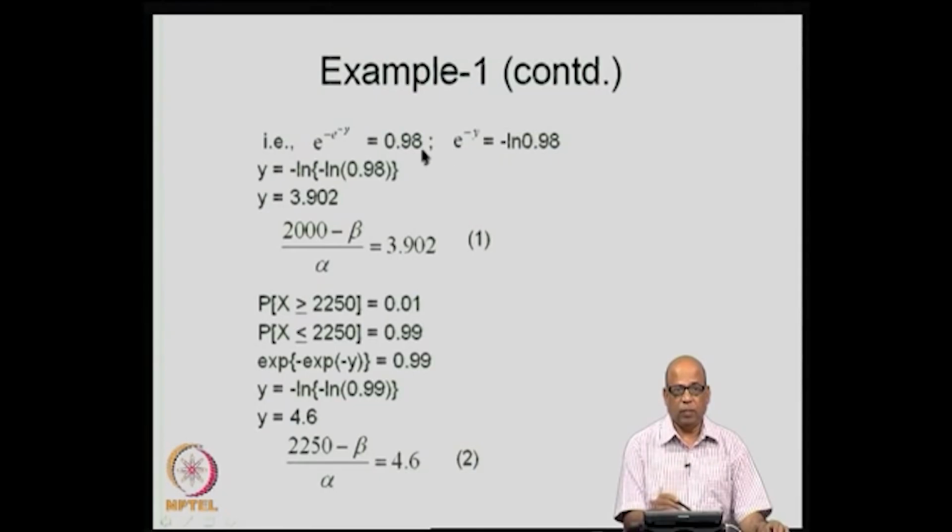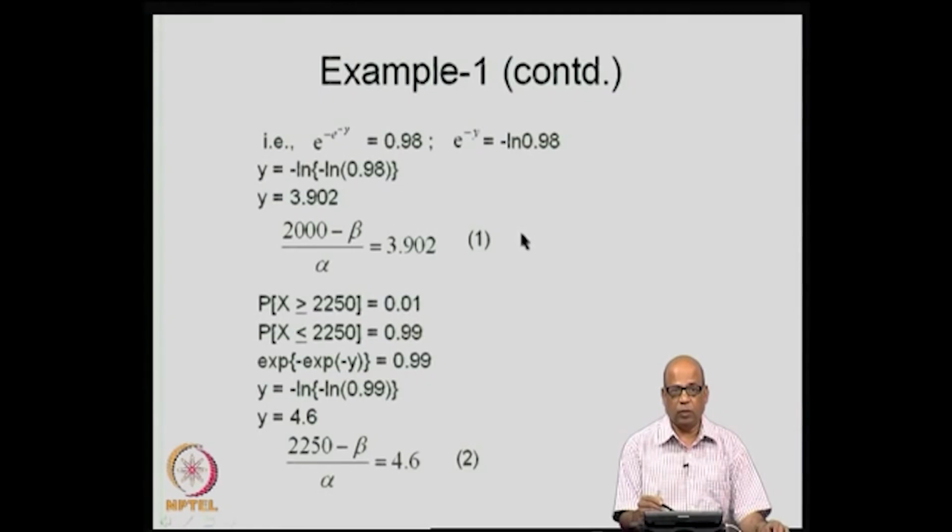Again we use the same method and then estimate y. So, y in this case turns out to be 4.6, and y, as you know, is a transformation, x minus beta over alpha. So, 2250, which is a particular value of x, minus beta over alpha, should be equal to 4.6.